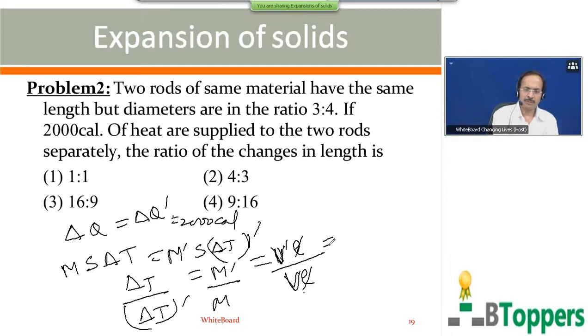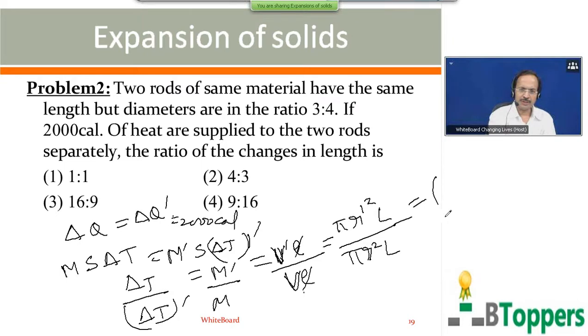So the original volume of the first rod you can write as pi r square L. The original volume of the second rod is pi r dash square into L. Both the rods have the same length. So the ratio of the increase in temperature of the first rod to the increase in temperature of the second rod is equal to the square of the inverse ratio of the radius of cross section.